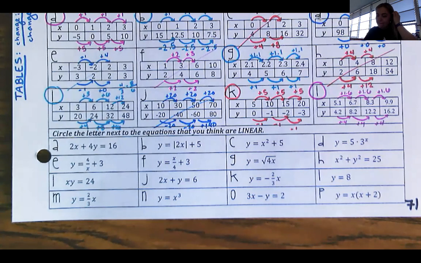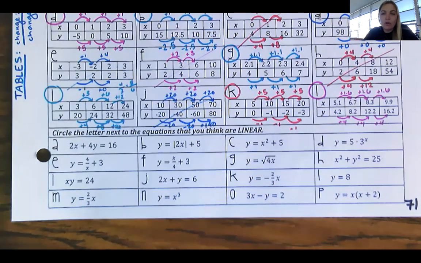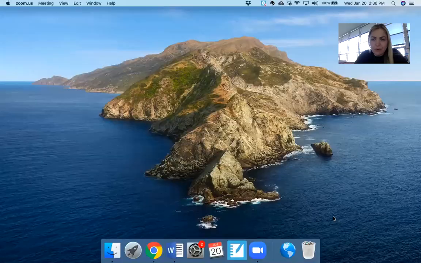Okay, so I'm going to open Desmos on this computer. We are going to start with that first one, the 2x plus 4y equals 16. Now, it looks a little different than some of ours where we had like y equals mx plus b. So I am going to switch and show you what it would look like if we were to graph that.